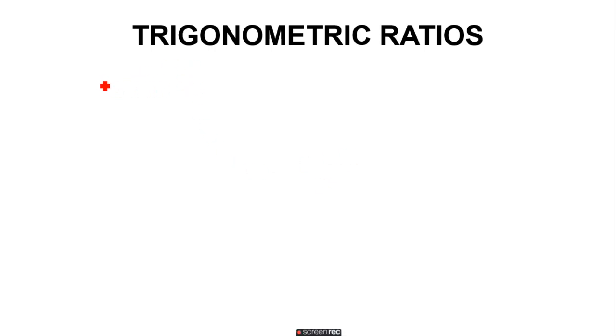Let's always remember SOHCAHTOA to remember the connections between the legs or the parts of a right triangle. If we have sine theta, that is opposite over hypotenuse.